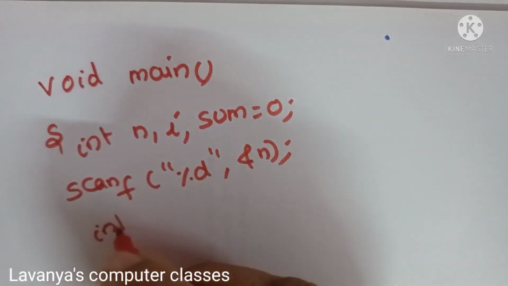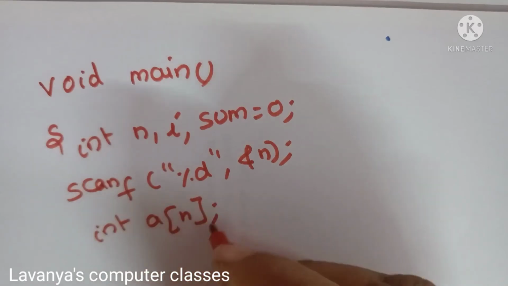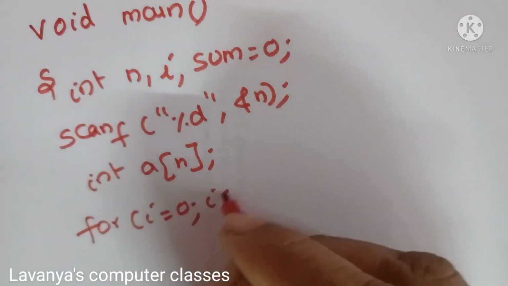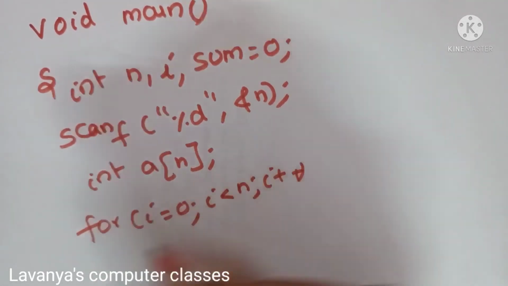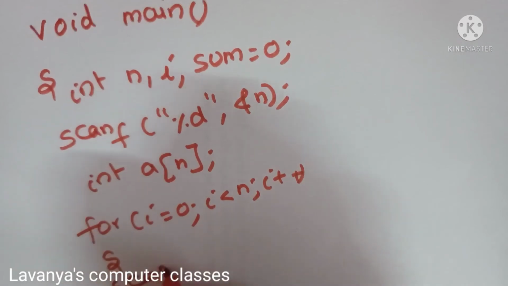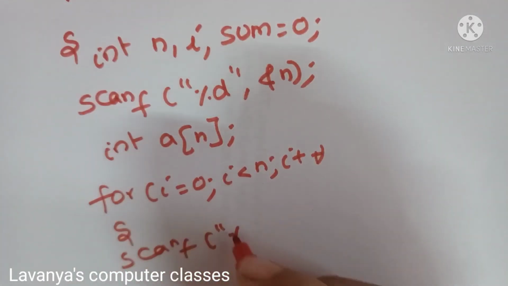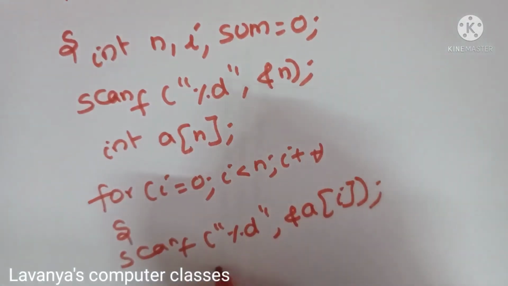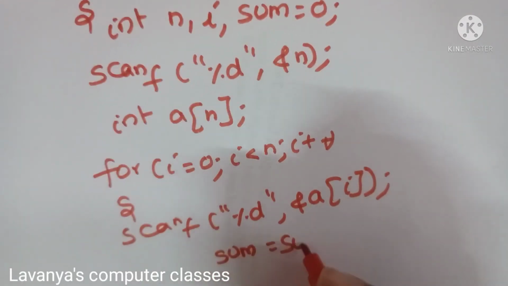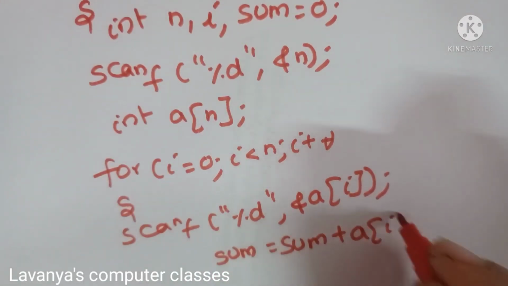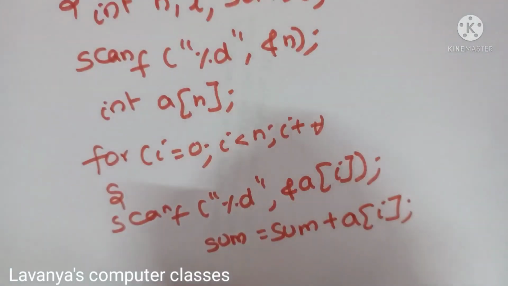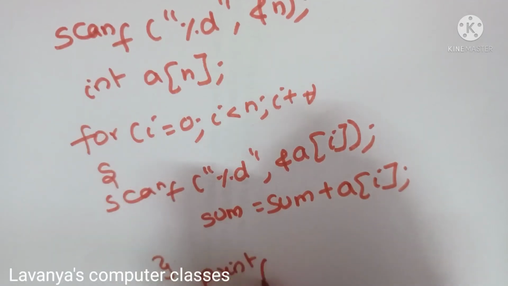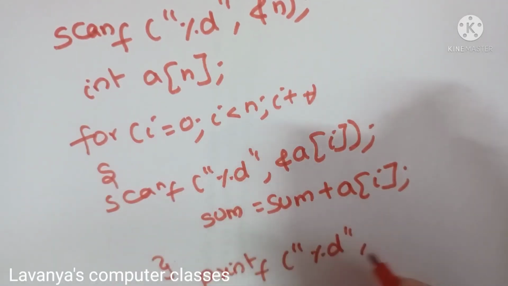This program is in C language. int a[n], array declaration. For i = 0, i < n, i++, a simple loop, I will read the array elements: scanf %d &a[i]. Then sum = sum + a[i]. That means the sum of all the elements in the array. This is the program for the sum of all the elements in the array. After the loop is completed, I want to print the value: printf sum. So this is the program.